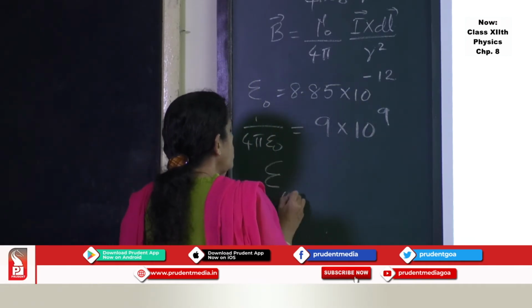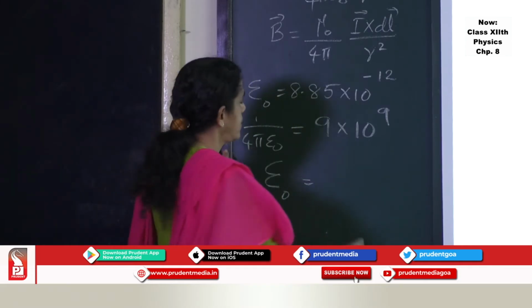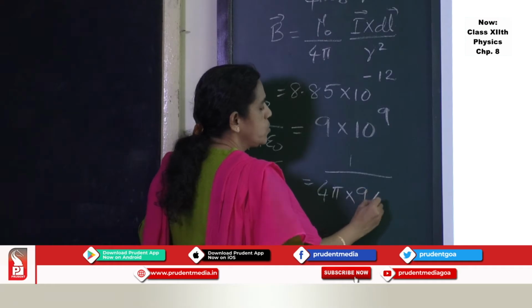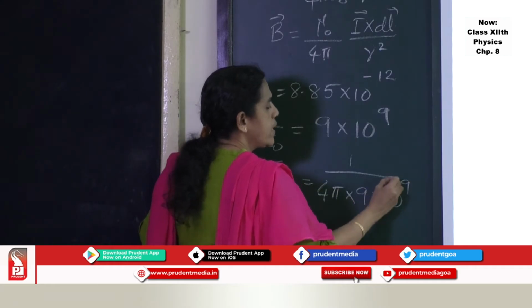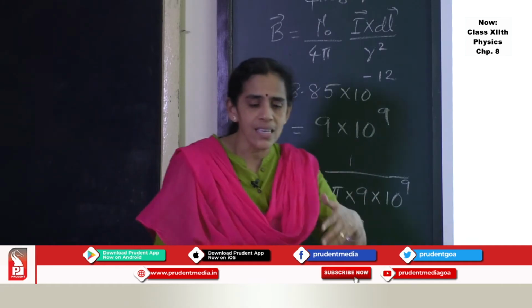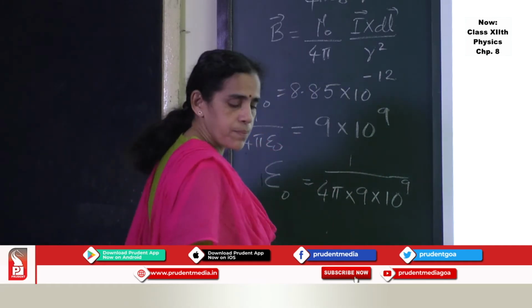Therefore, epsilon 0 can be written as 1 upon 4 pi into 9 into 10 raised to 9. Okay, you must have used this method. It becomes easier to work out with the numbers.